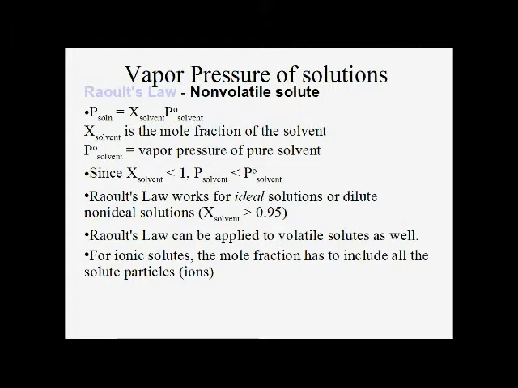So a liquid wants to get a certain pressure above it at a specific temperature. So it's temperature dependent. If the pressure above it is less than that specific amount, it's going to evaporate until it reaches that pressure above it, that partial pressure.